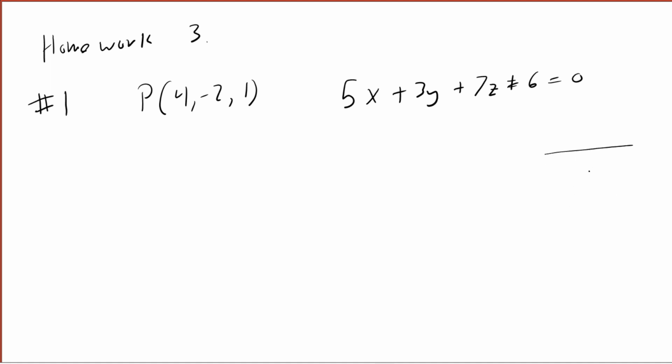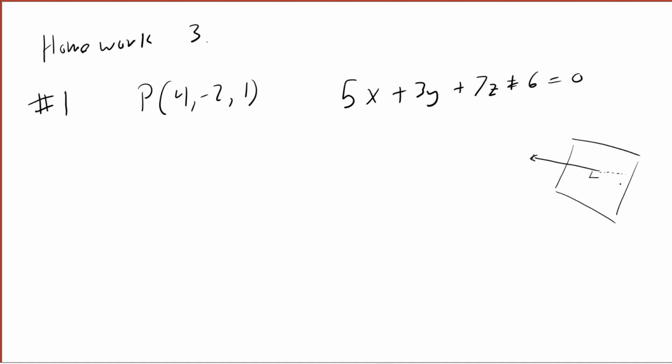So if we have a plane, let's go like this. We have some point, then our line is going to go at 90 degrees to this, and off in the other direction as well.